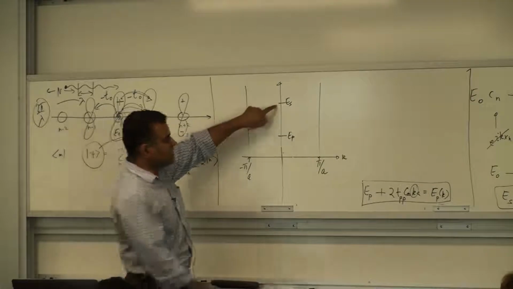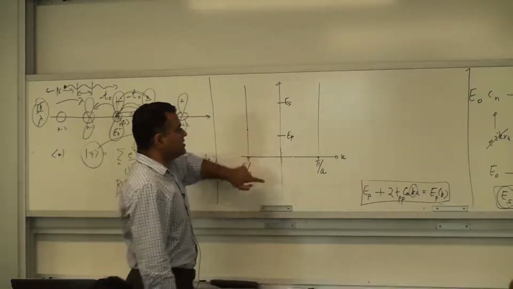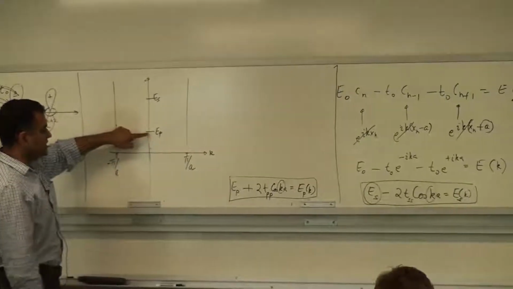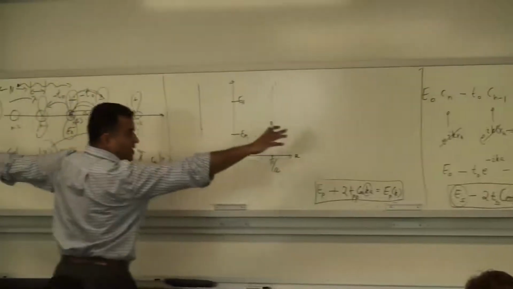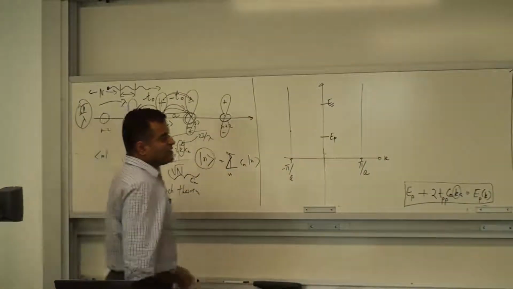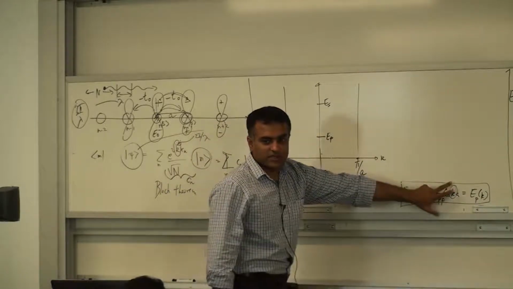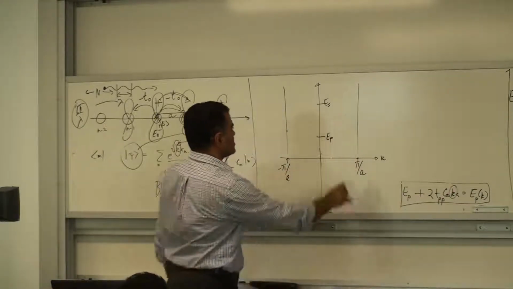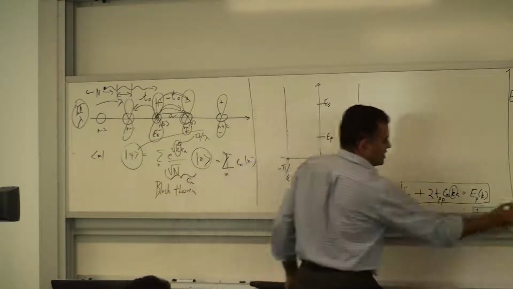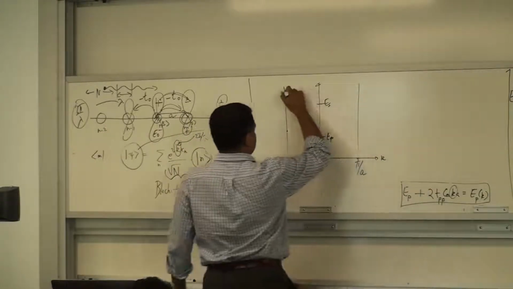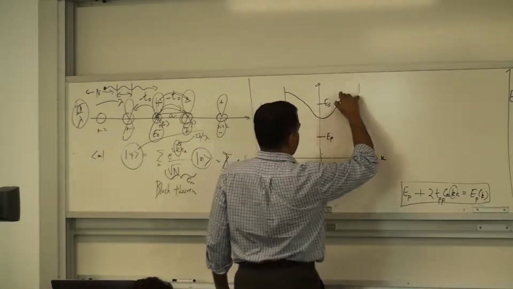The S orbital ES, which is the center energy of that band, is here, and EP, which is the center energy of that band, is here. What do I mean by center energy? If the atoms were very far apart, not in the solid, this would be the energy of the electron. There would be no hopping, this term is gone, and that's the energy of the electron. But now that you have formed the solid, if I plot this, you can see it spreads around the center energy.